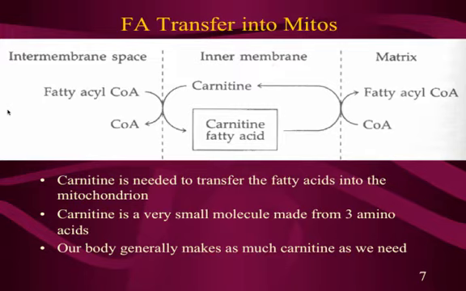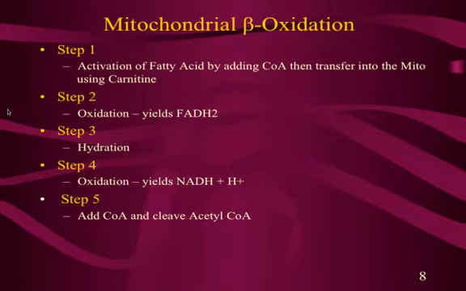Because that's the substrate for beta oxidation. Why do they call it coenzyme A? Because it's required by quite a few different enzymes to function. One of the enzymes is in beta oxidation. So here's beta oxidation. And I'll show you the diagram of this in 1 second.